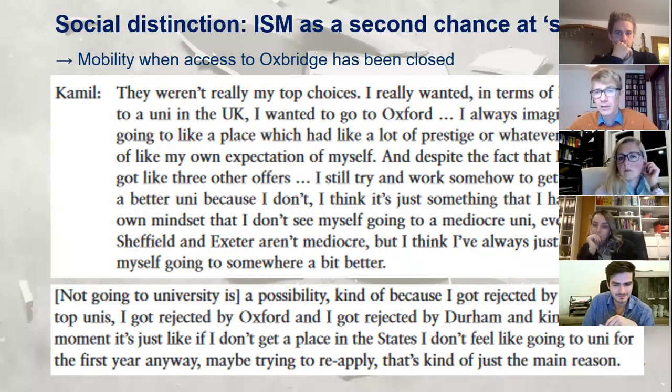They actually have quite many respondents who indicated that moving abroad is really a way to horizontally distinguish yourself for people from higher socioeconomic backgrounds, a second chance at success when vertical distinction within your own country is not really possible. I leave you for a moment to read these quotes.